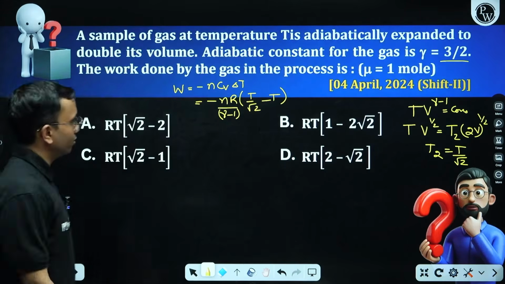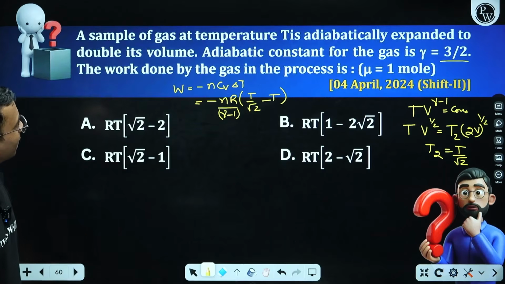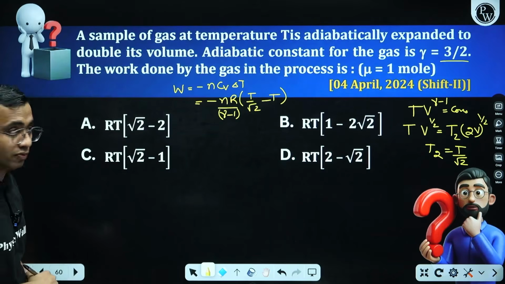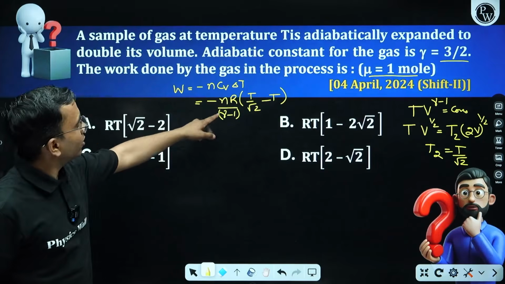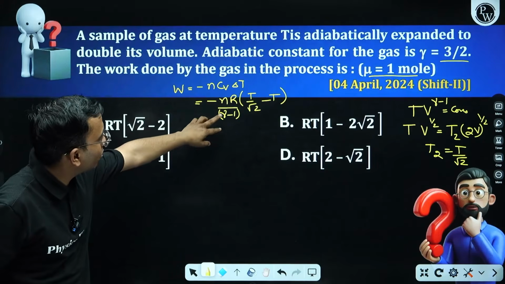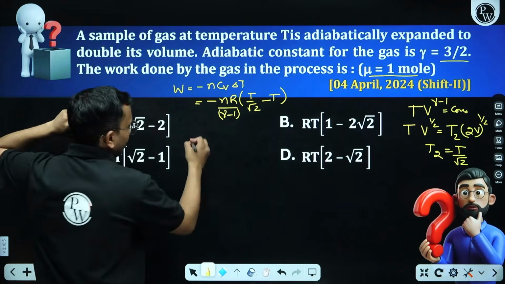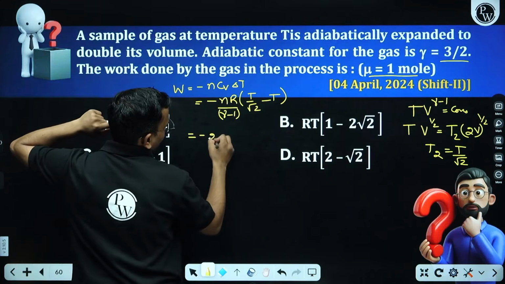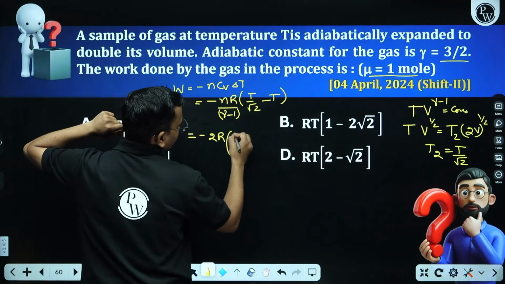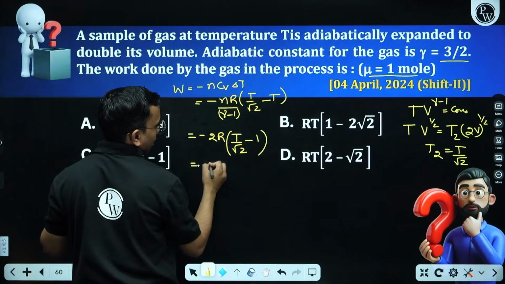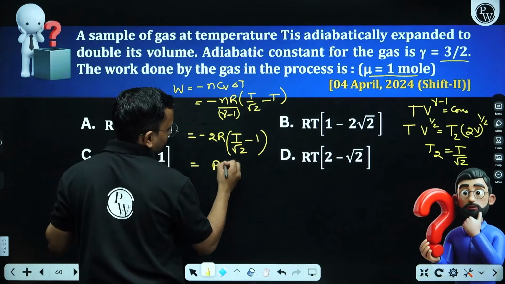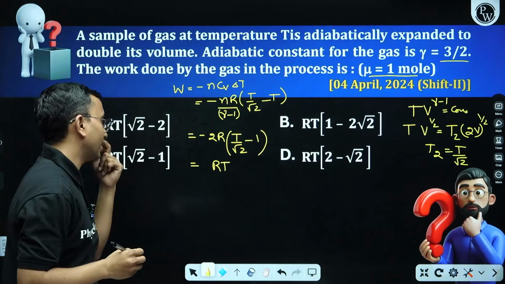This is the work done. Now n is given, mole is 1. Put n equals 1, gamma equals 3/2, so 2 will go in the numerator. So this will become minus 2R into T by root 2 minus 1. You can take RT common, and a negative sign will be there.